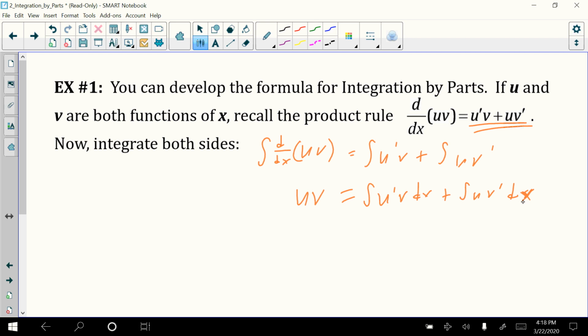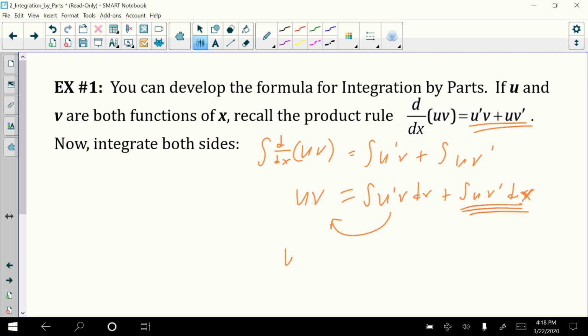And so what we're going to be solving for is we want to get the integral of u v prime dx by itself. We want to be able to get this guy here by itself. So you can look at it and think that, well, we can take this and move it over here through subtraction, and that's really exactly what we're going to do.